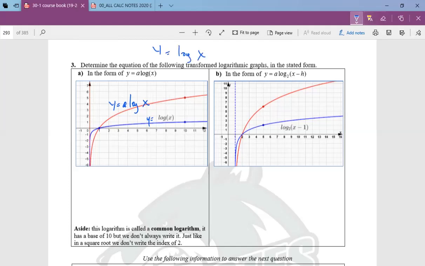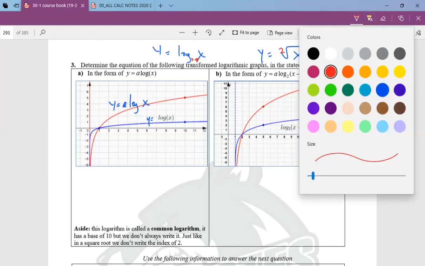If there's no number written as a base, it's understood to be base 10. Kind of like if you have y is equal to a square root, if there's no number for a root there, that's an invisible little 2. It's just understood to be square root. So with a logarithm, if there's no number written there, it is base 10.